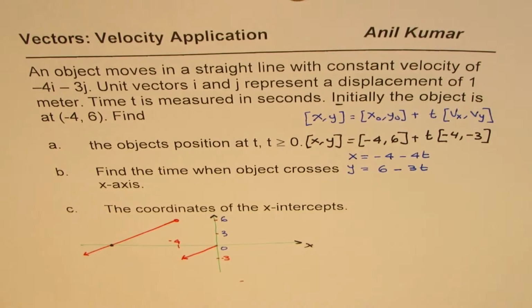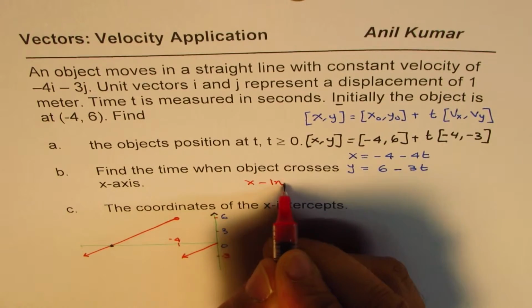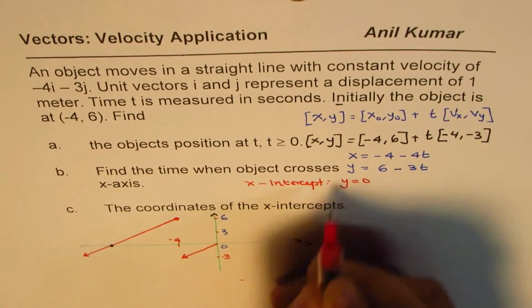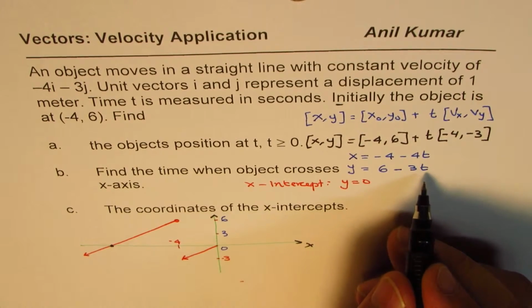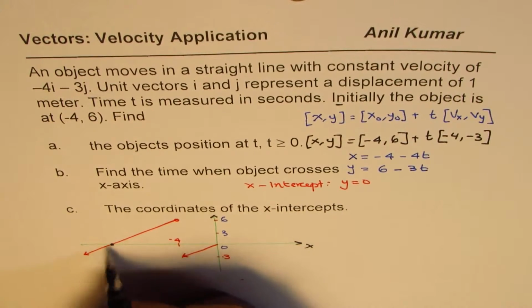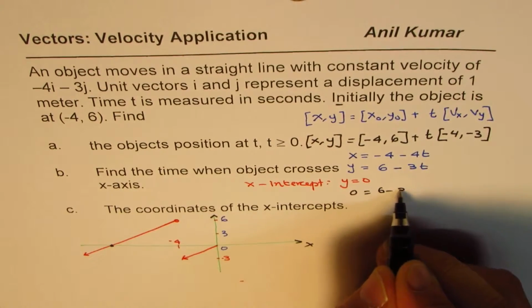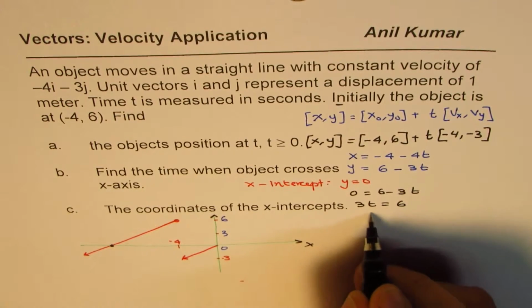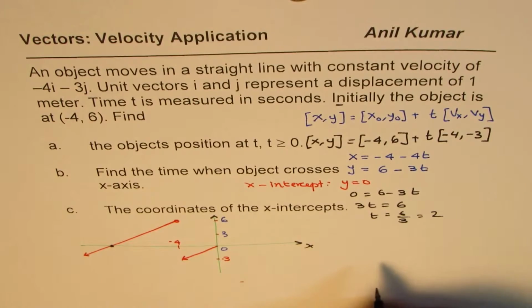Perfect. Now, x-intercept means y equals 0. So if I substitute y equals 0 and calculate t, I'll know the time it takes to get to that place. So 0 equals 6 minus 3t. So 3t equals 6. t equals 6 over 3, which is 2.